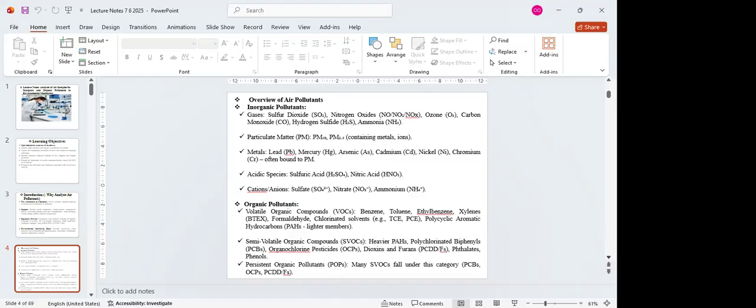So they become a threat to our existence and safety, and the safety of the environment. Now, the semi-volatiles fall under these categories, such as PCBs, the OCPs and PCDD/Fs.